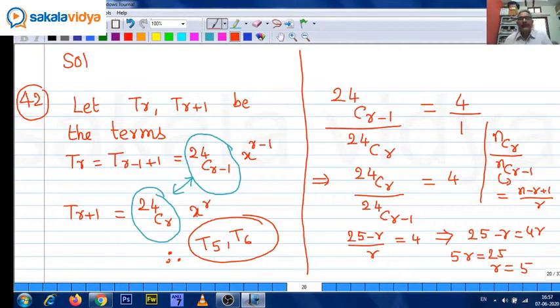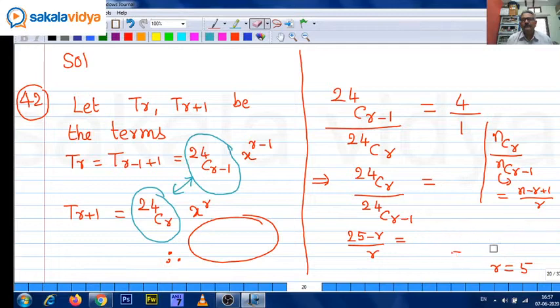Okay, wait. I did a mistake. Up to here the formula is the same. While taking the reciprocal I made a mistake. So 24CR by 24C(R minus 1) is equal to 1 by 4.